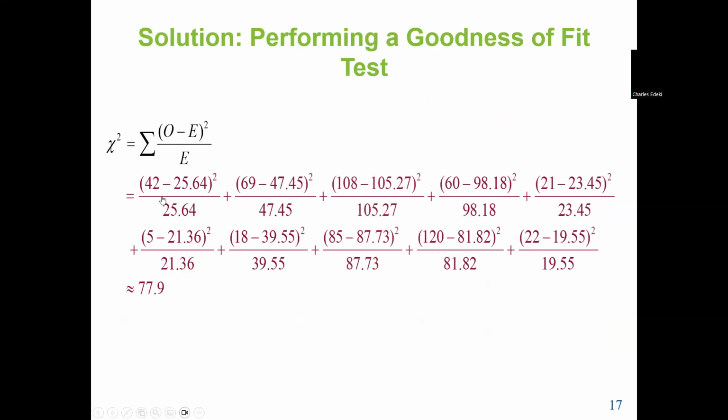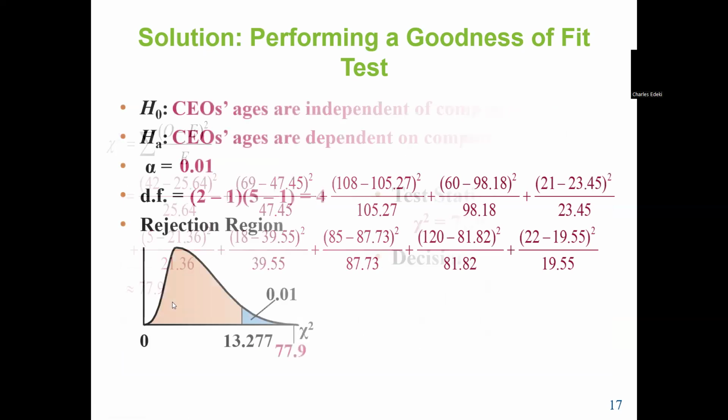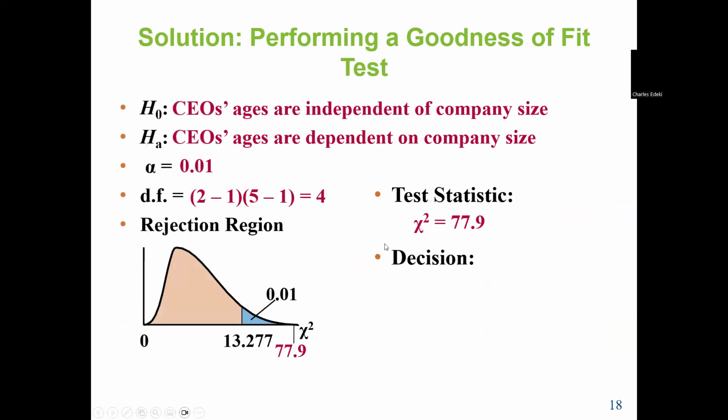When we finish, we add all 10 values, and that gave us 77.9. So now we have the critical value and the test statistic, and we can see where the 77.9 is. We come to the conclusion that we are going to reject H0 because it's in the blue area.